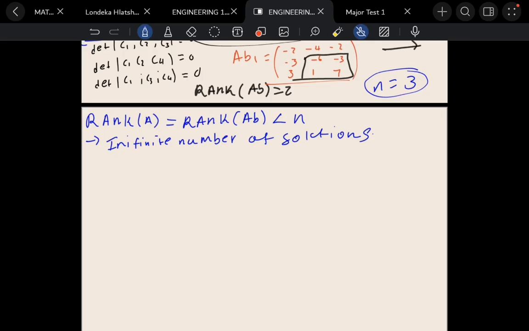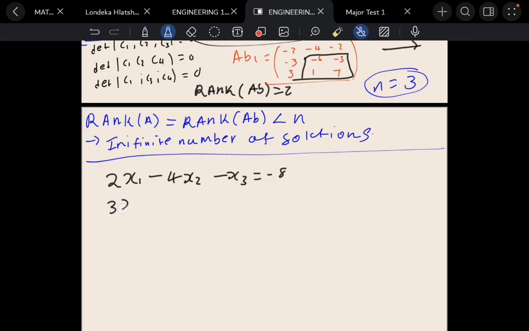For homework, I want you to try this one. 2x1 minus 4x2 minus x3 is equal to -8. And then 3x3 plus 4x1 minus 8x2 is equal to 4.